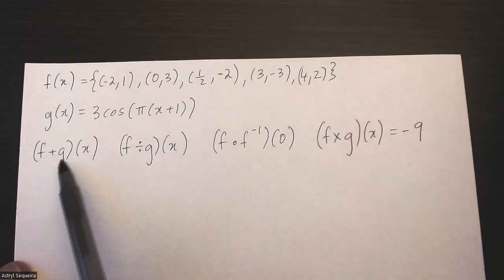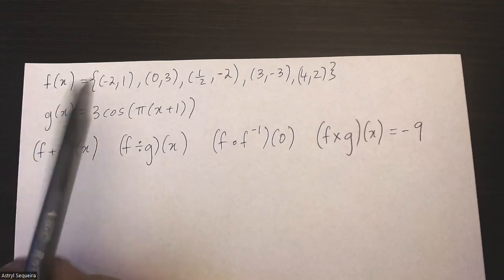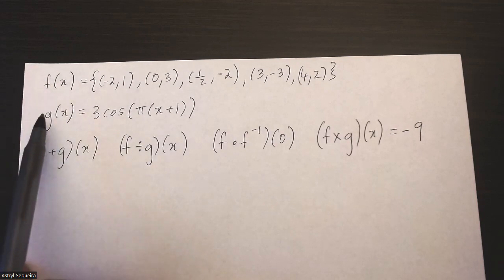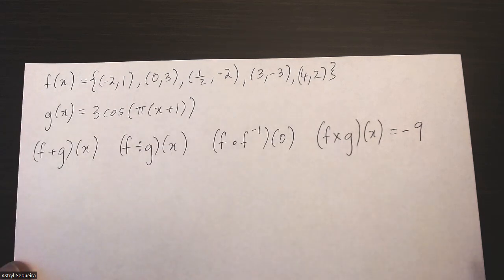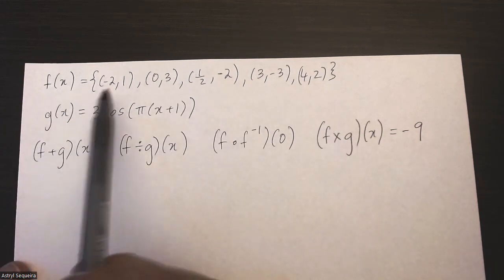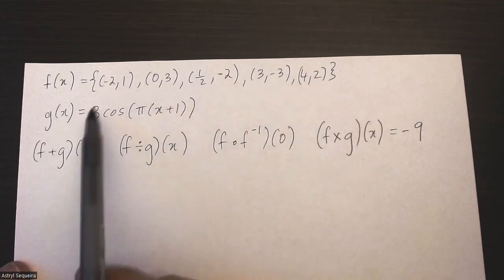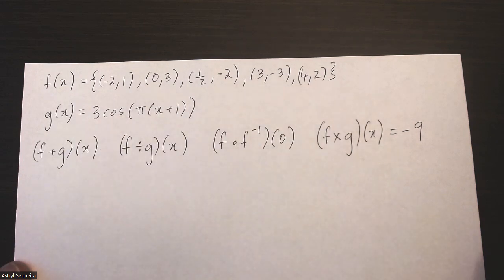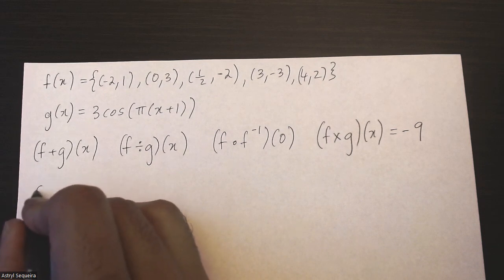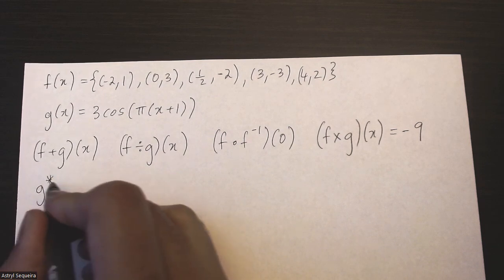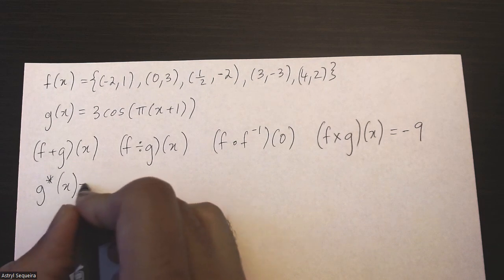I want to find f plus g of x. So whenever you're adding a set of points to a function, the first thing you want to do is take all the x values of these points and sub them in this function to find all the y values. So I'm going to just call this g star of x.